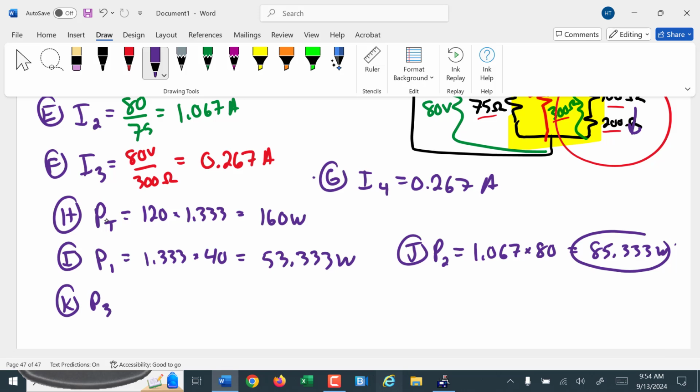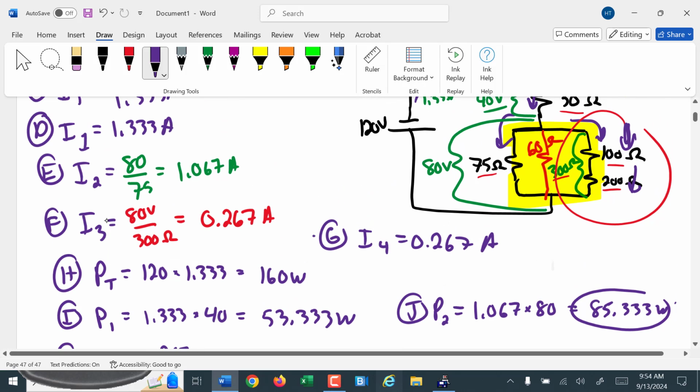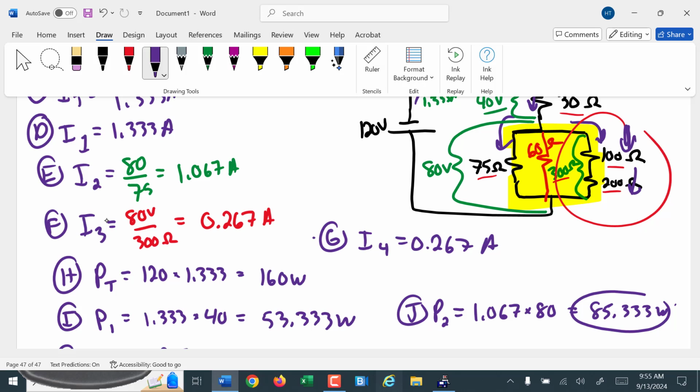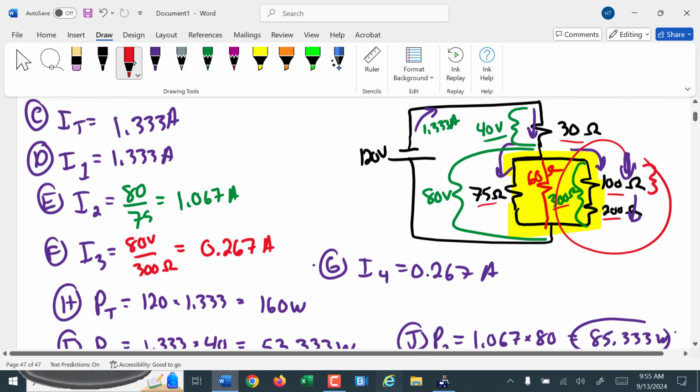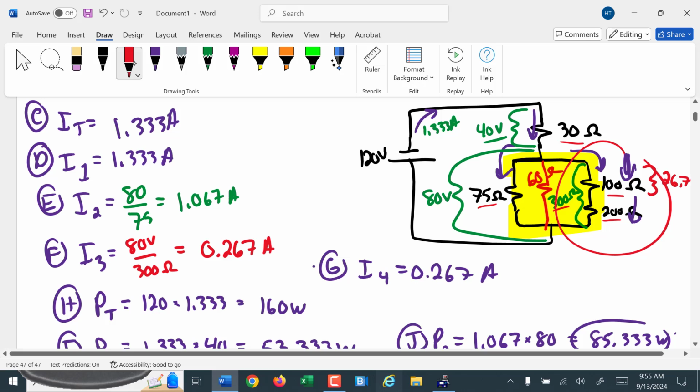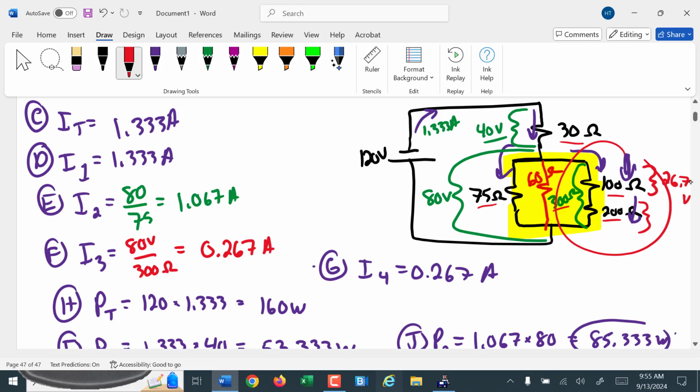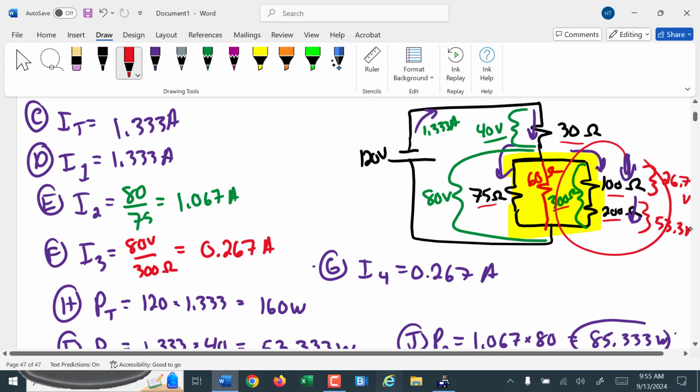Power through 3, we have a current through 3 of 0.267 times a voltage of, well, 80 goes through the whole side over here. So we have to break this down and get a voltage for each one separately. So the 0.267 times 100 is 26.7 here, volts. And then times 200 is going to be 53.3 volts there.